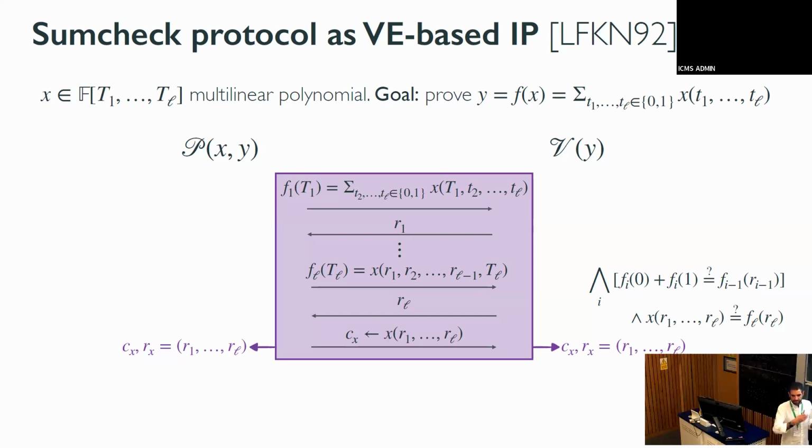The random challenge is chosen by the verifier. And then instead of checking this, you first check FL against the candidate CX, and then you check that CX is the evaluation of X. I'm just rewriting everything, right? But once you move this, then you can think that this is a V protocol.